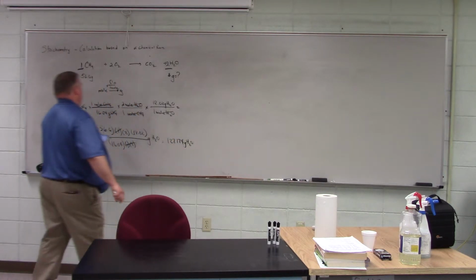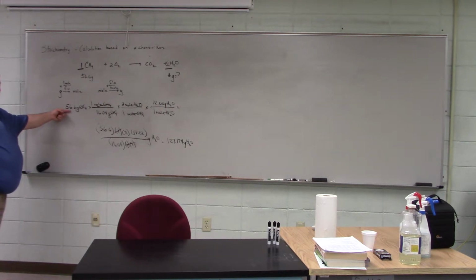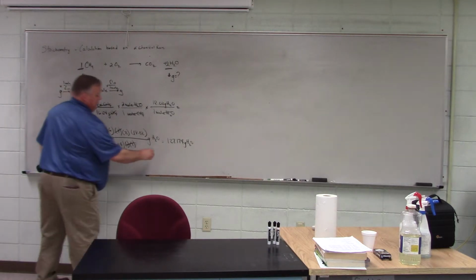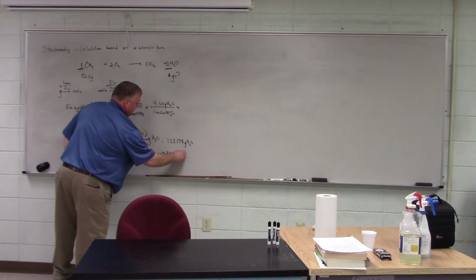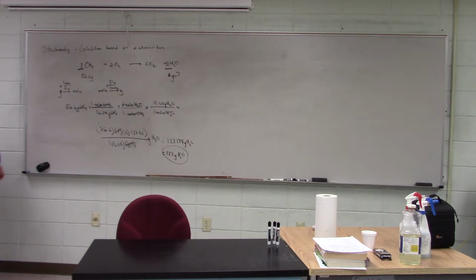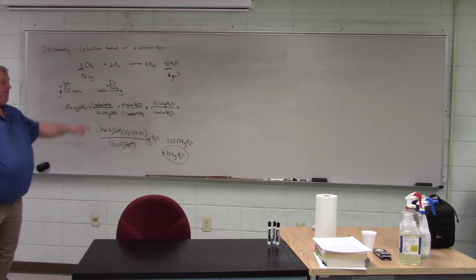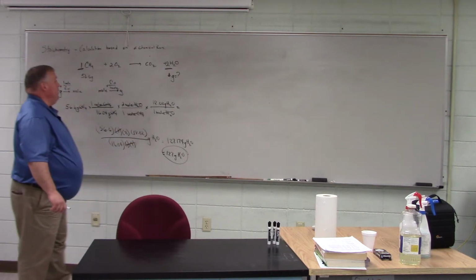Now, we remember that we have to look at the correct number of significant digits. We started off with 3 significant digits, so we need to end up with 3 significant digits. So, if we have 56.6 grams of methane, we can produce, if we have an infinite supply of oxygen, 127 grams of water.